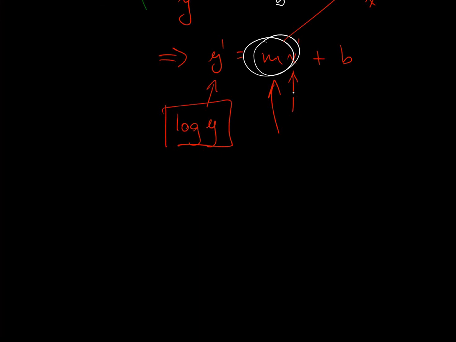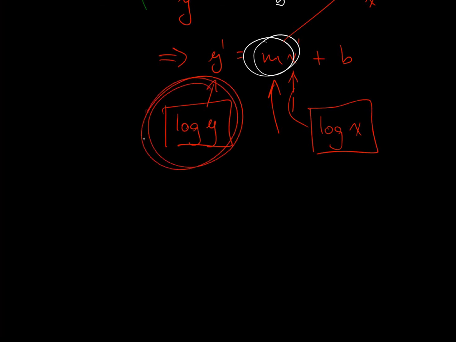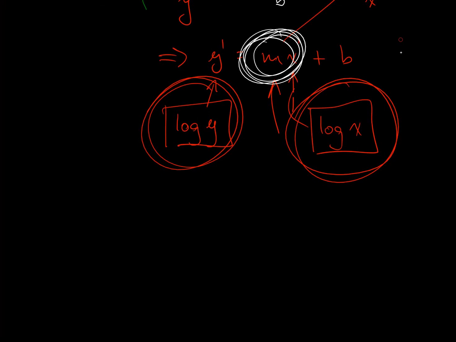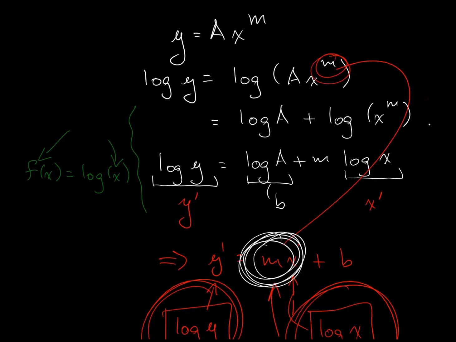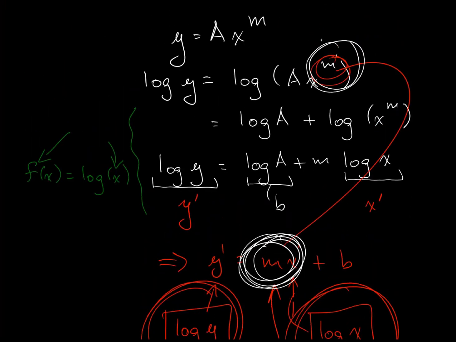And x prime was equal to log of x. So what's the point? The point is that if I plot the logarithm of y against the logarithm of x, and I get a straight line, the slope of that straight line is m, and that m comes all the way up here, is our power.